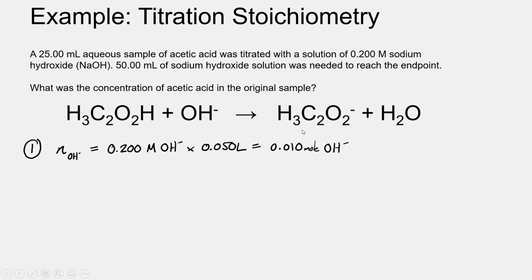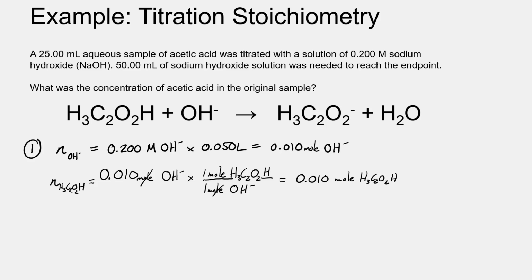Now, because the reaction is 1 mole of the base reacts with 1 mole of the acid, there must have been 0.010 moles of the acetic acid in the original sample, because the stoichiometry of the reaction is 1 to 1. So now I know that in my original sample there were 0.010 moles of acetic acid.